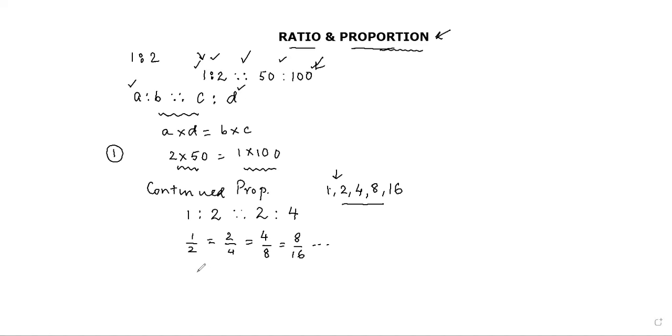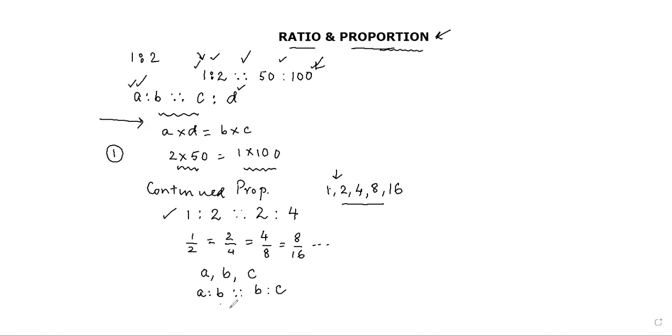So in general, if A, B, and C are in continued proportion, that simply means that A is to B is the same as B is to C. So if the three numbers A, B, C are in continued proportion, then A is to B is the same as B is to C, like 1 is to 2 is the same as 2 is to 4. That simply means, by the rule, the product of means is equal to the product of extremes.